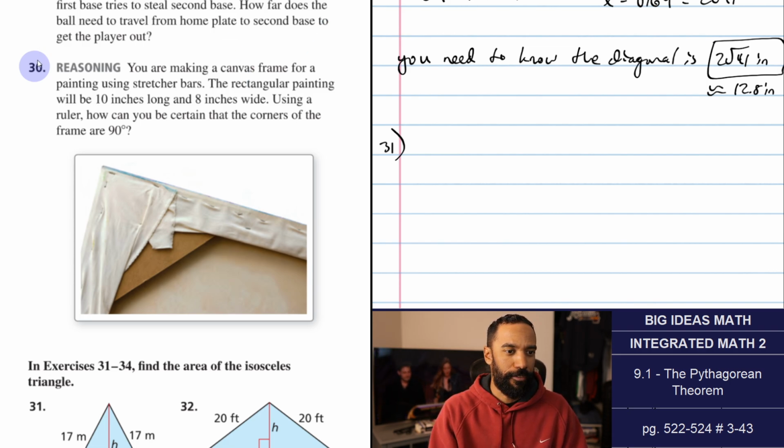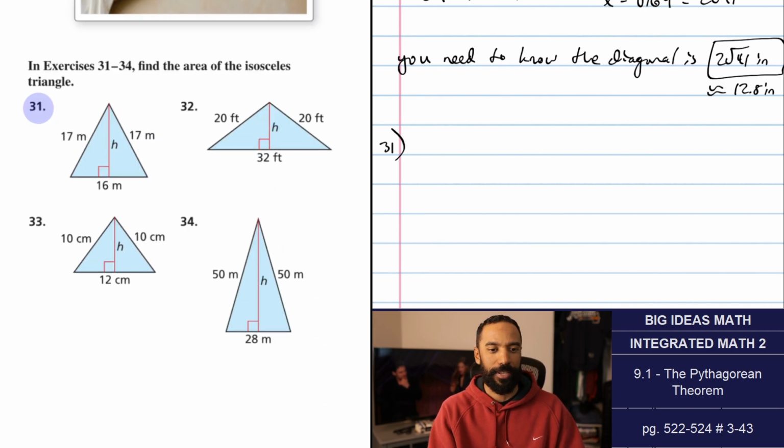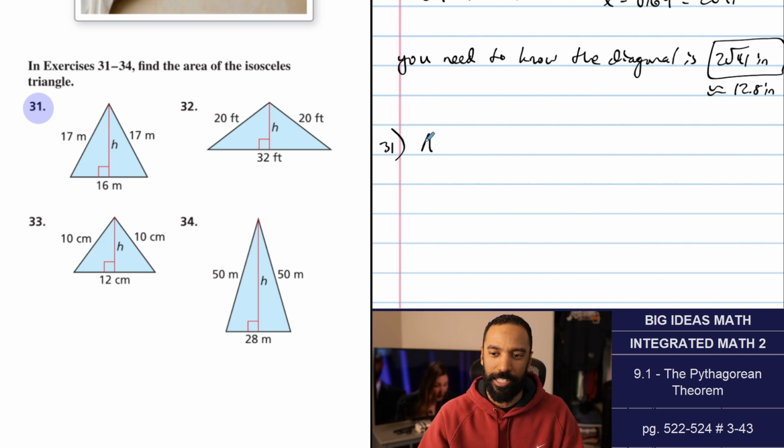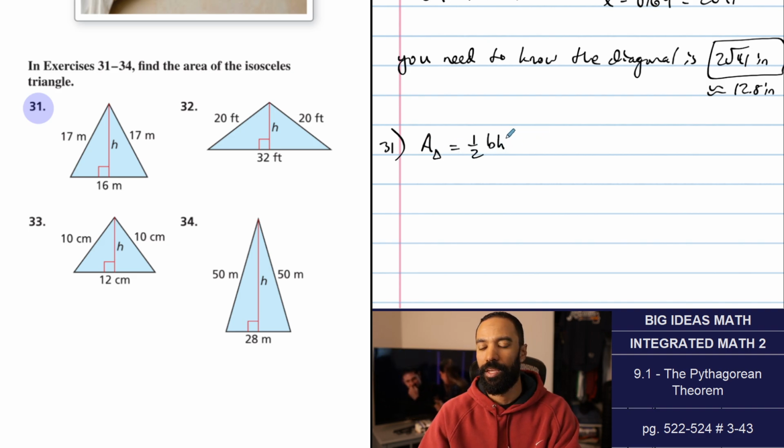In 31 to 34, find the area of the isosceles triangle. Now, an isosceles triangle has equal side lengths. So that shows here 17, 17, 20, 20, 10, 10, and 50, 50. Now, the area of a triangle itself is 1/2. Let me do that again. The area of a triangle itself is 1/2 base times height.